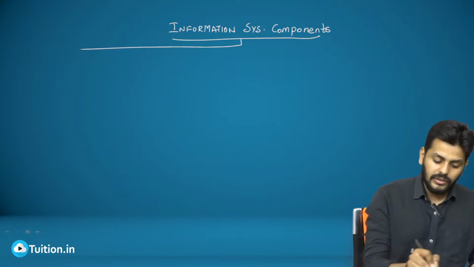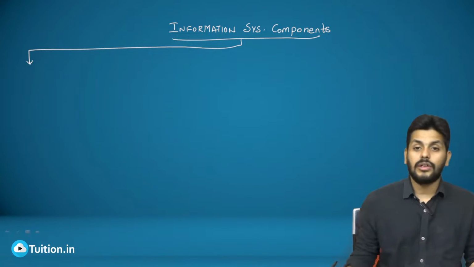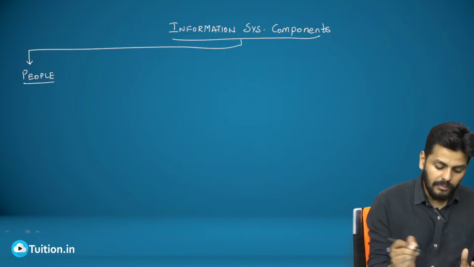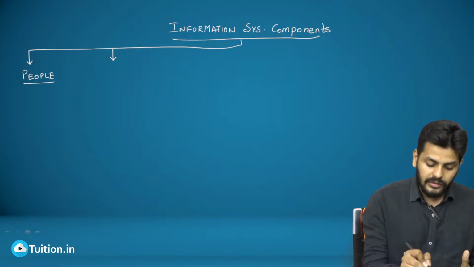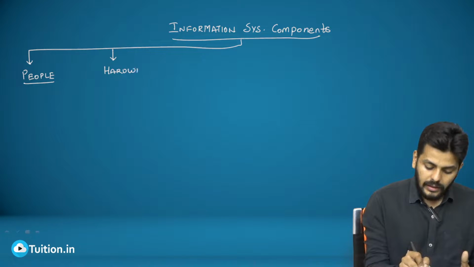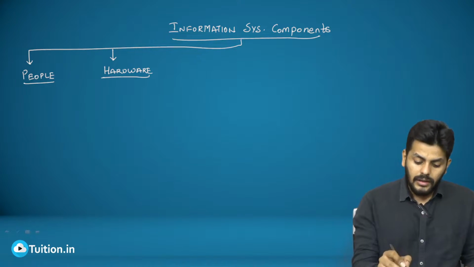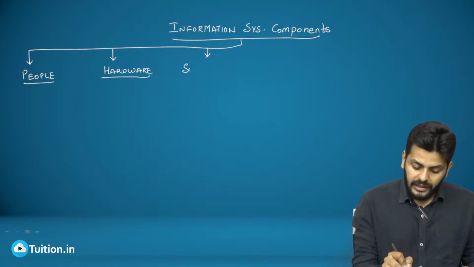So information systems, the very first piece here, we're talking about people. Who are those people? What will they do? Then we will discuss what is called hardware, exclusively what constitutes hardware and what will be the entire discussion around it. Then we have software.